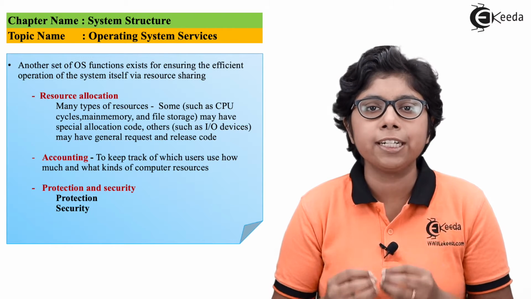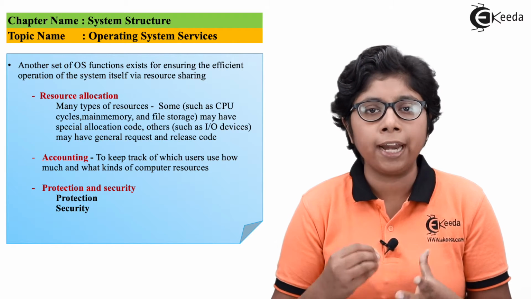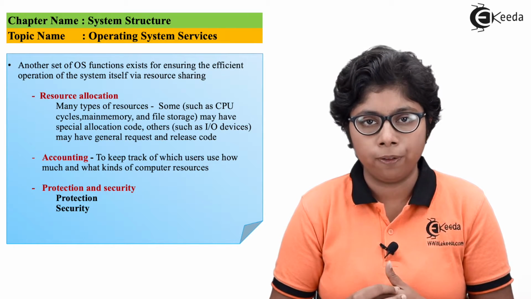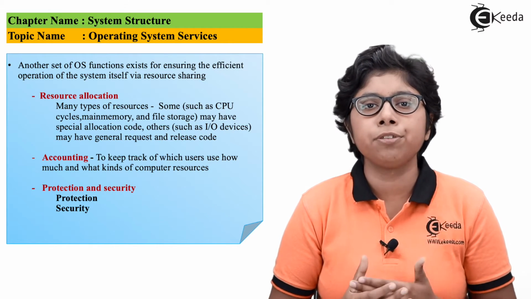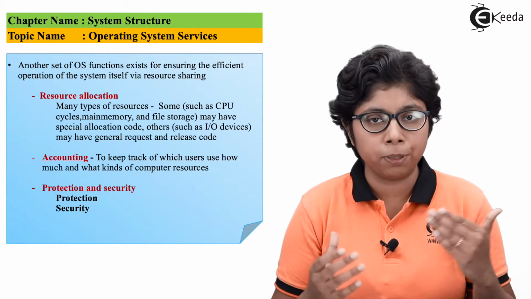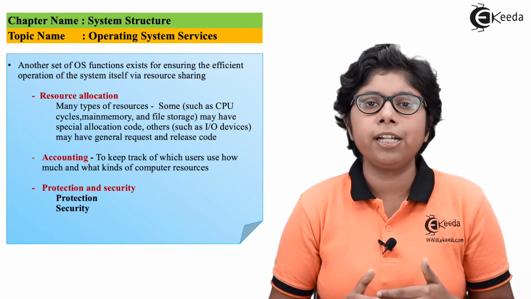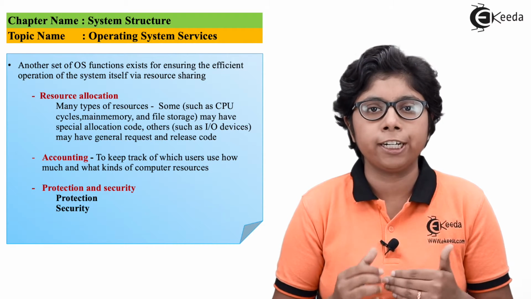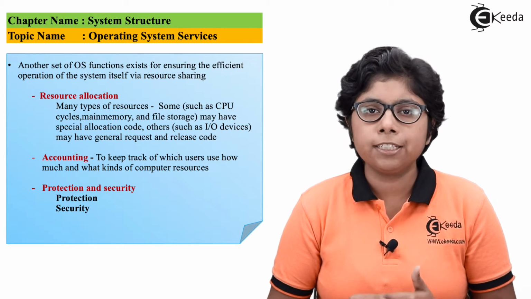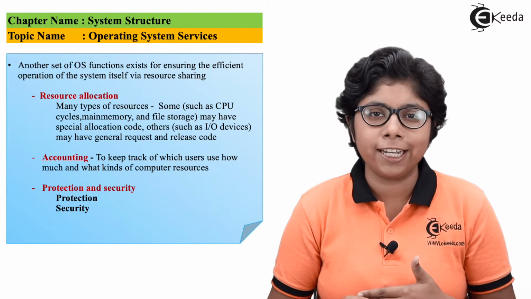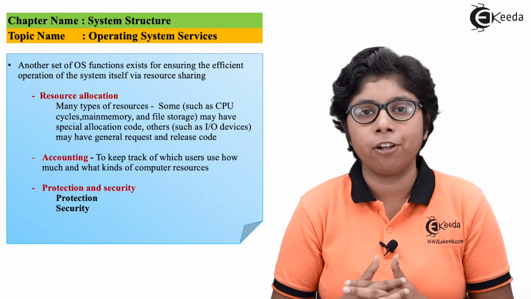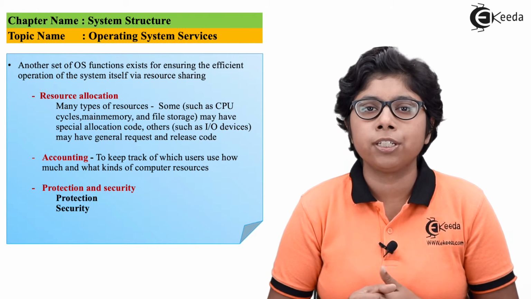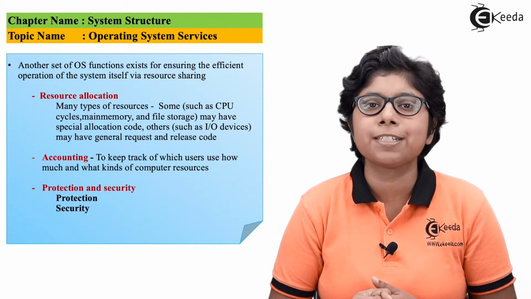We want to restrict the usage of these resources and information by gaining authority over access. The resources and use from outsiders should also be restricted, generally via user authentication by a password. This resource and use can be authenticated and then the user can be allocated those resources. That is all for the system services that an operating system provides.